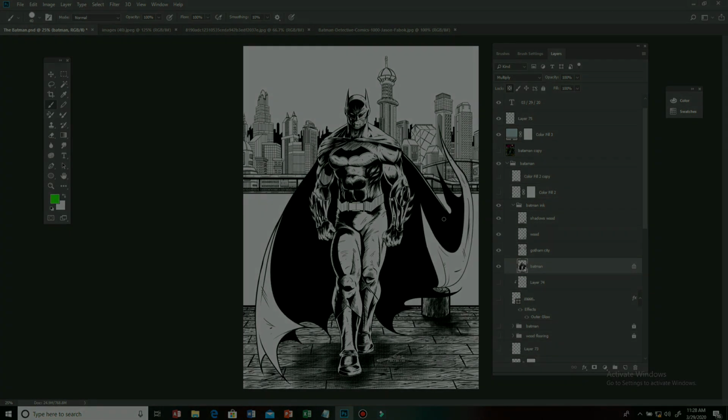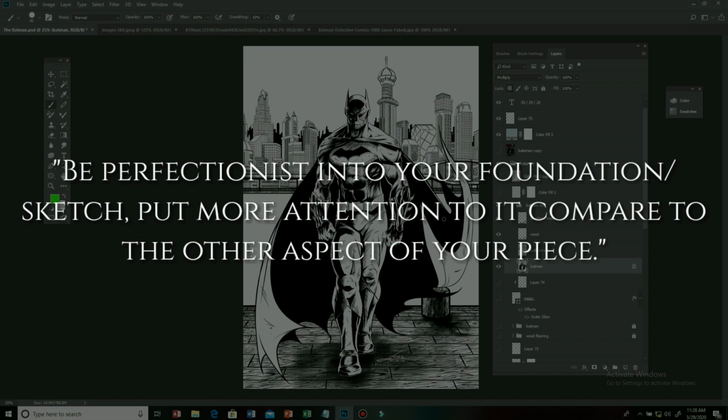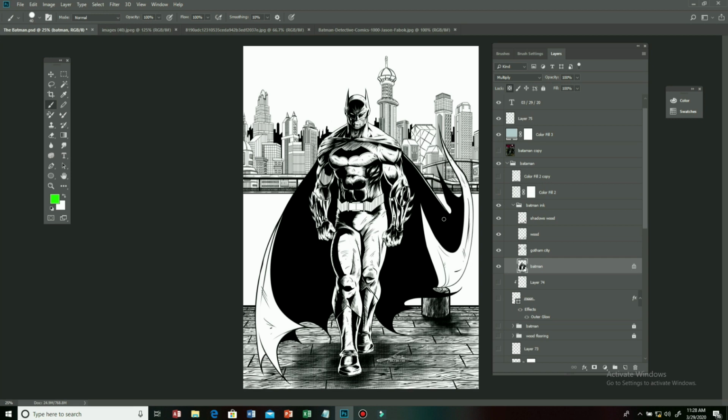It doesn't matter even if you have a very fancy coloring style. It doesn't matter if you have very interesting special effects in your piece, as long as the foundation is off, that is horrible.